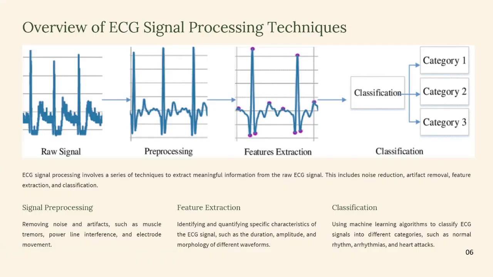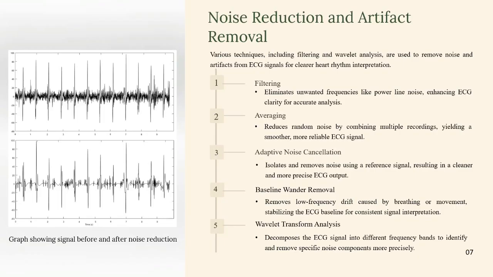Then we have to classify them into different categories so that we can distinguish the normal ECG from the disease condition. Here you can see the graph before the noise reduction and after the noise reduction.